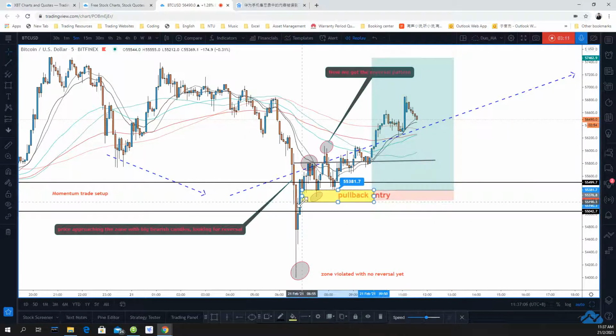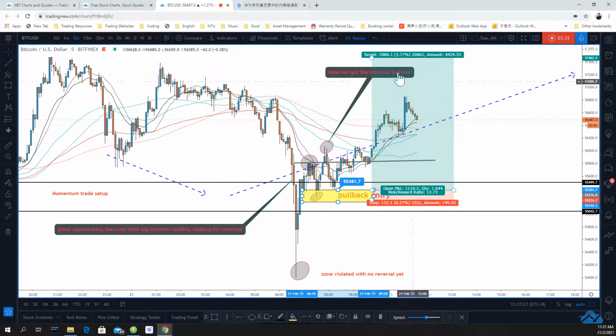If you've watched my ideas or videos, I tend to use this pattern, which shows up again and again repeatedly. That's your A setup.